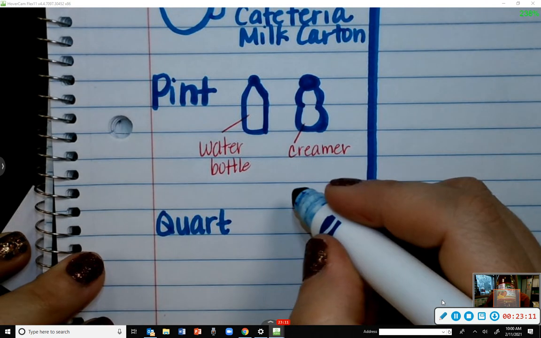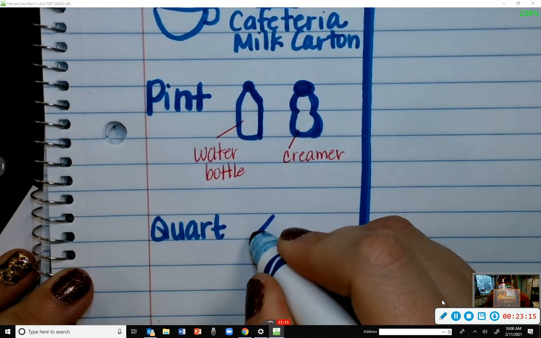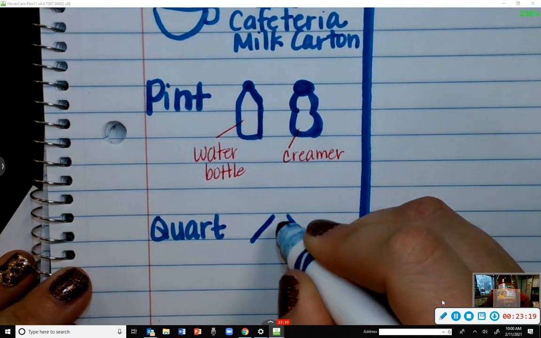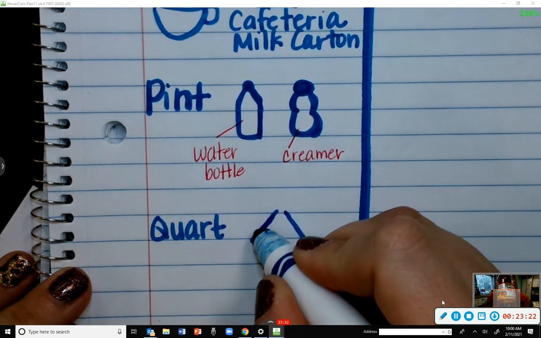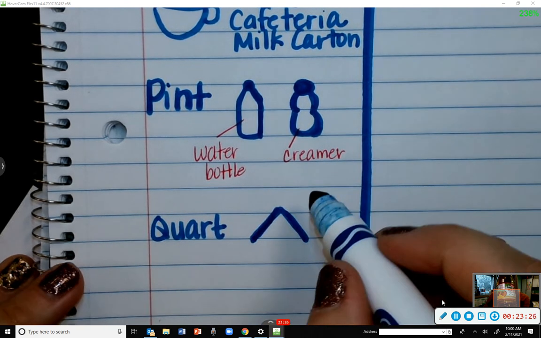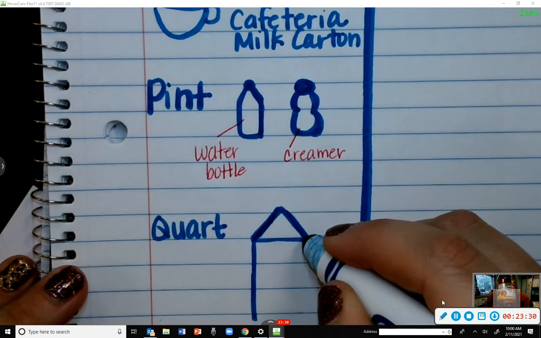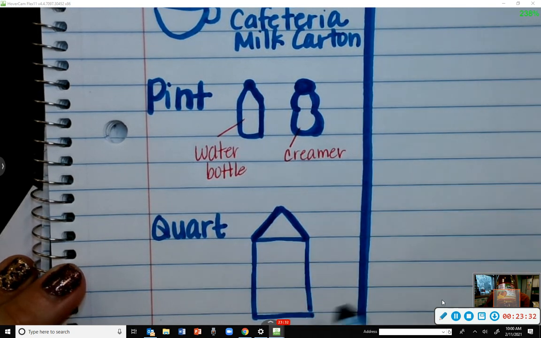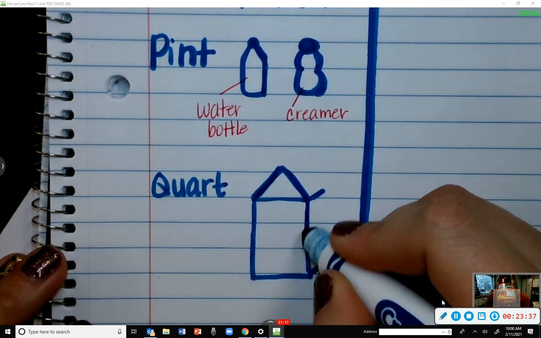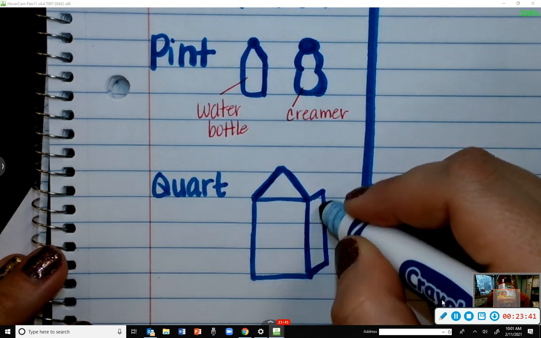Okay, so for our quarts, we try the best we can to make the taller version. So start with a triangle. Come down and make a rectangle. Come out to the side a little bit with not a straight line, but a diagonal line.